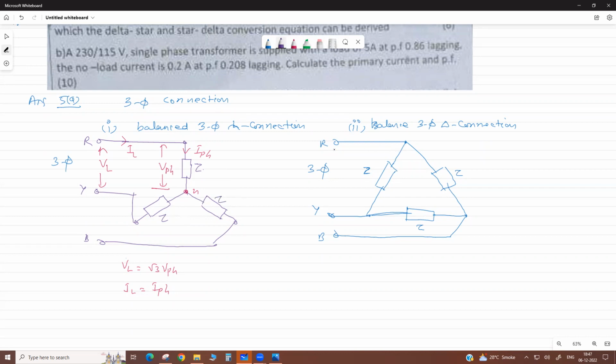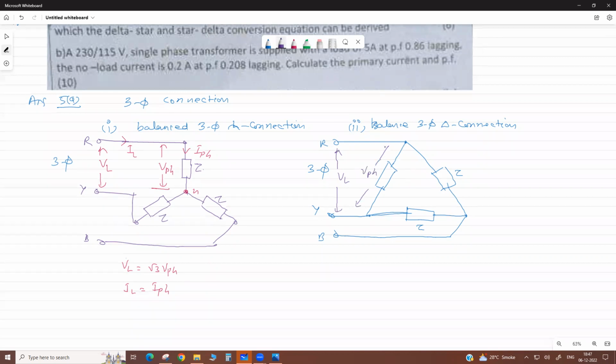Now again, the voltage across two lines, two phases, that is line voltage. Now the voltage across each phase winding, this Z impedance, is V phase.